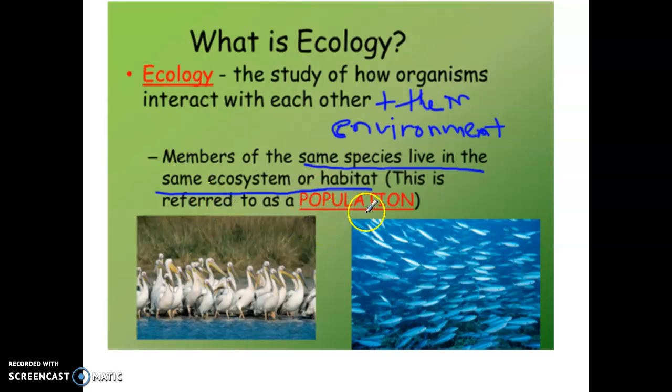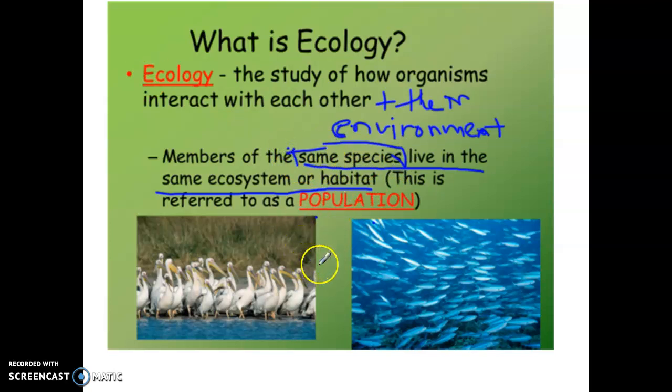So when we say the term population, that could be a population of fish inside of a lake, right? Or if we were to talk about the human population of Earth, we're talking about all the humans that live on Earth, or the mallard duck population in Richmond Hill, right? So this can refer to anything, but the key there is it's the same species.